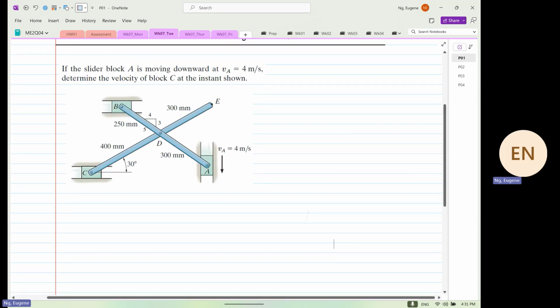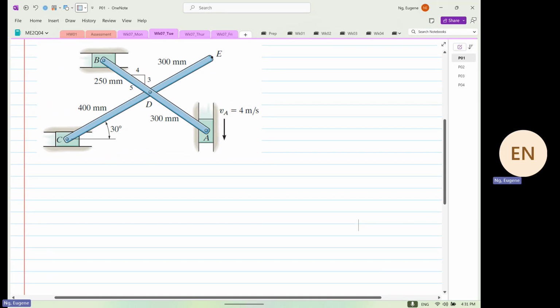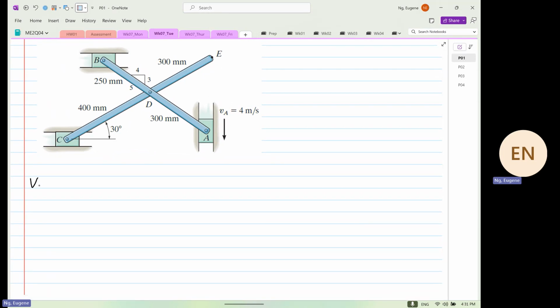The formula we're going to use in general, I like to break it down: VA is equal to VB plus omega AB cross R. Now the R part you have to be careful, okay? A is the point of interest, B is where you are taking your reference from. So just remember this formula.